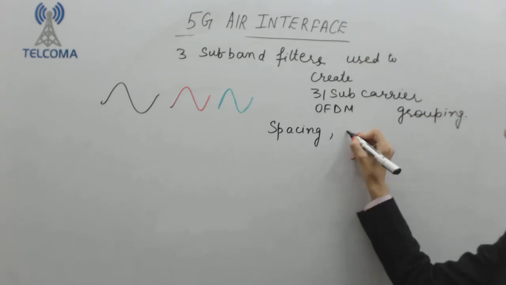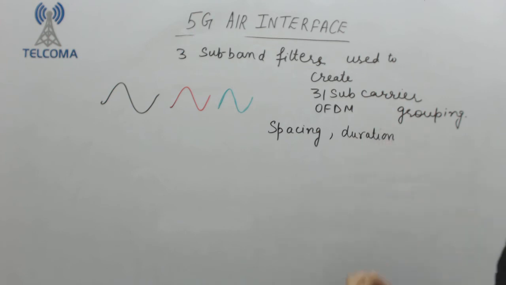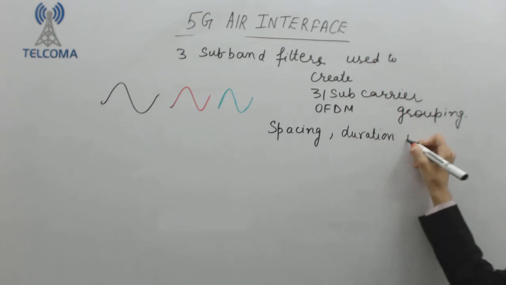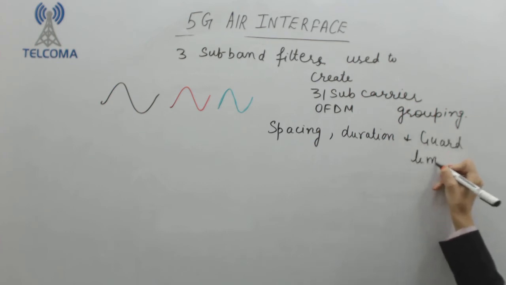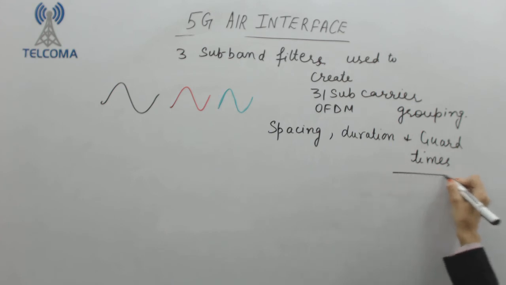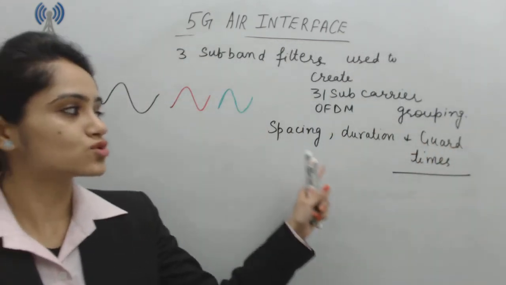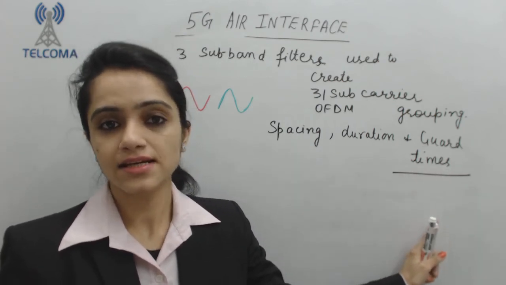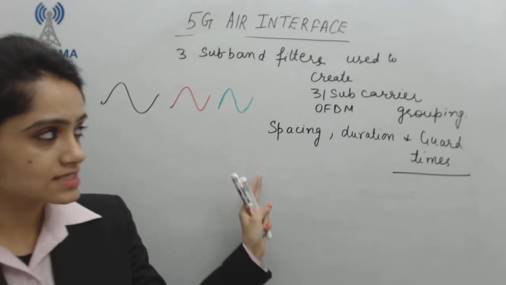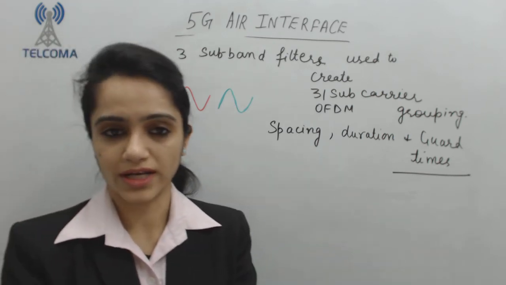And they also have proper durations and guard times. So the filters will be provided with suitable spacing, suitable durations, as well as guard times, so that all of these OFDM subcarriers will not combine or mix up with one another.